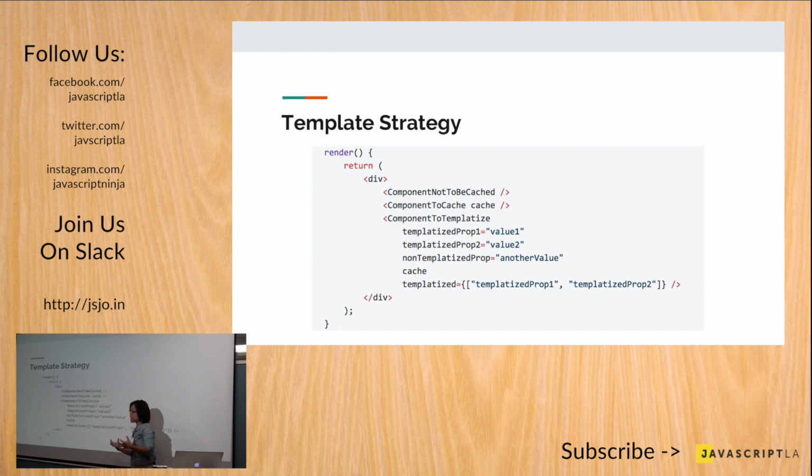And we decided to make the templatization opt-in by prop. So you simply have an array of the props that you do want to templatize. In this example, there are templatized prop 1 and templatized prop 2, and we have both of those props named and included in this array. But we can also have a non-templatized prop that will be baked in with its actual prop values as part of the template.